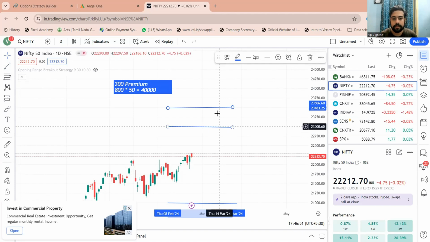When you buy that, you are going to have again, if it ends above 23,200, it is going to be under a loss. However, after 23,500, however much higher it goes, the buy option which you are going to buy is going to give you a profit. Let's say it ended around 23,700.